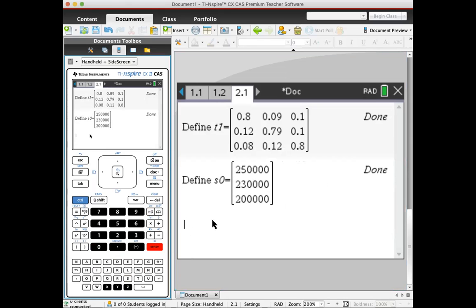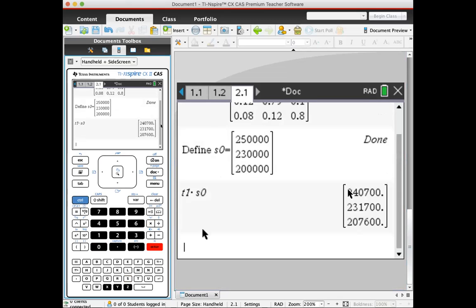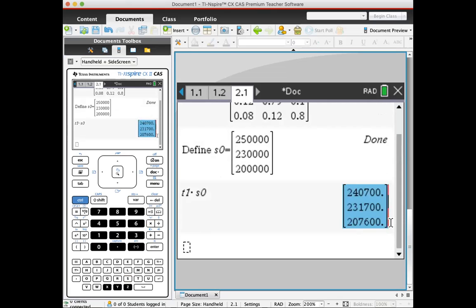Press enter. Then S1 will be given by T1 multiplied by S0. Control enter. This will be the first S1, the first state matrix after the first transition, okay?